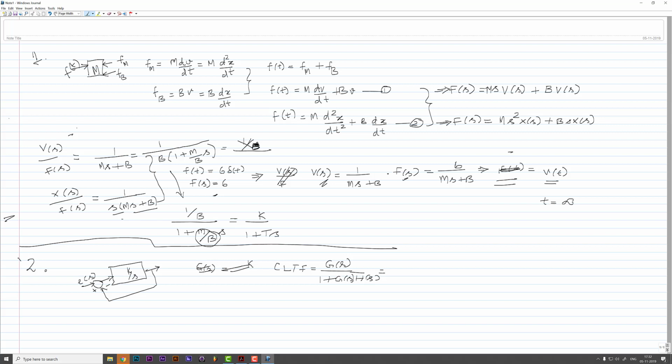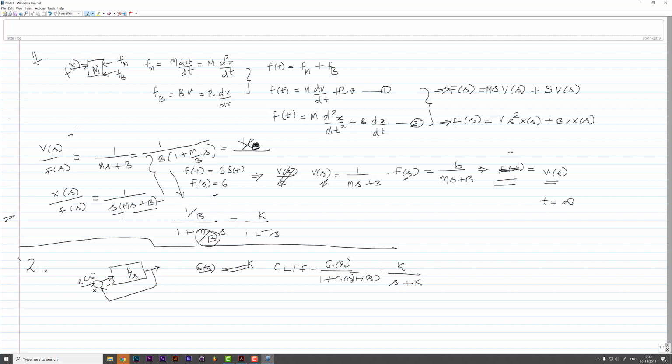Here g of s is k by s and h of s is 1. Therefore, you will have the transfer function as k by s plus k if you do the simplification.